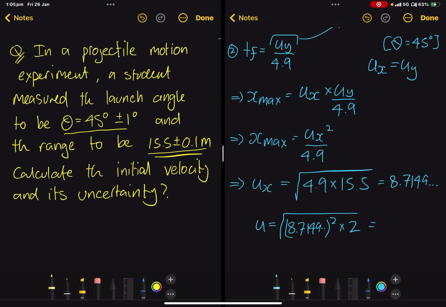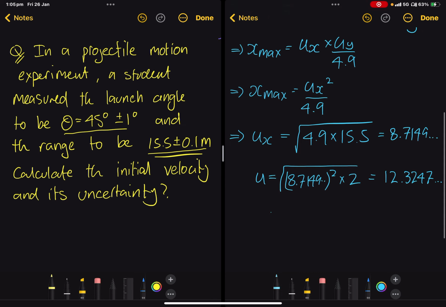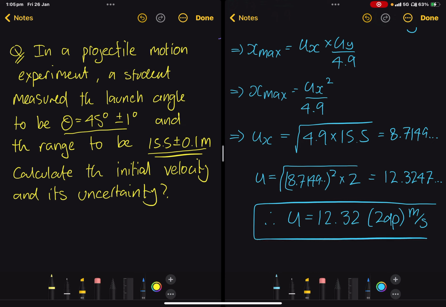That is 12.3247... So therefore, in this case, the initial velocity, which we'll call u, is actually equal to 12.32 to 2 decimal places. And that is in meters per second. So that's what the question had us do first. It told us to calculate the initial velocity.